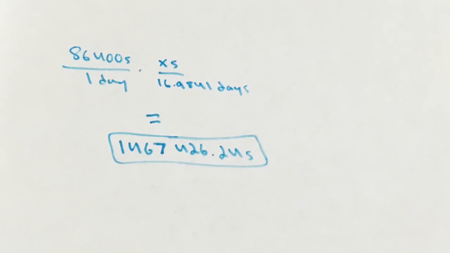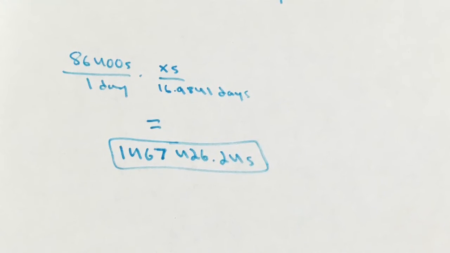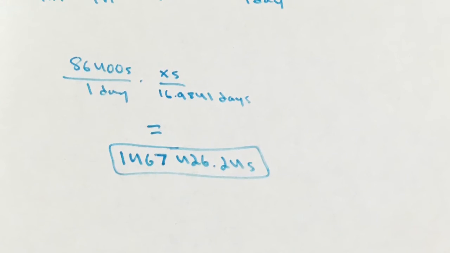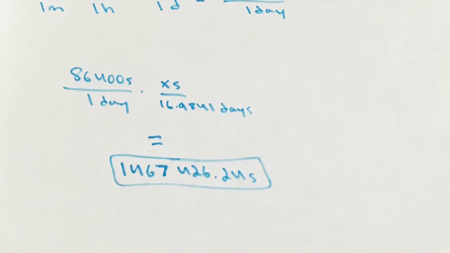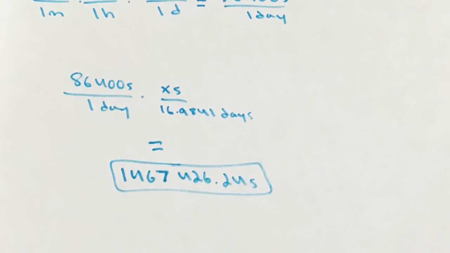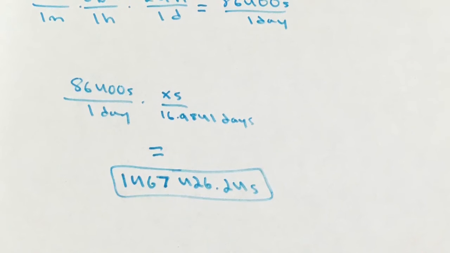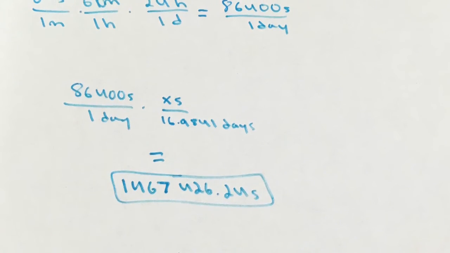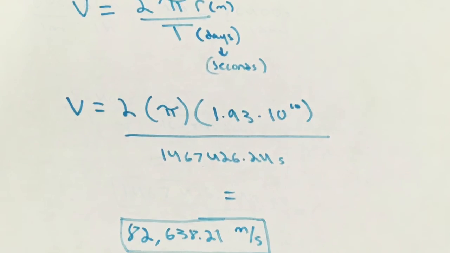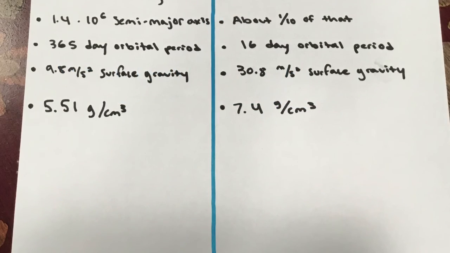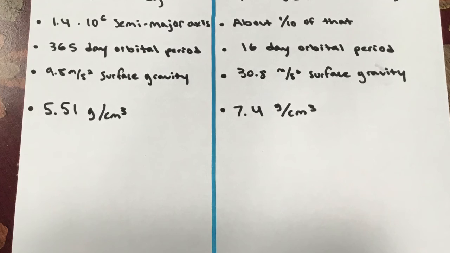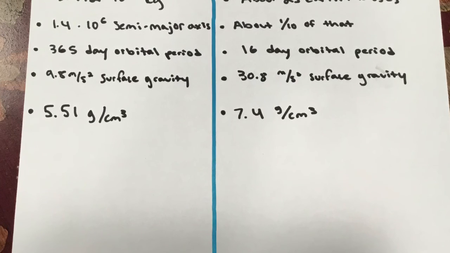As we know our R value already, or its semi-major axis, all we need to do is convert its orbital period from days to seconds. Using simple conversion factors, we can easily find this value and plug it into our formula to find that our planet orbits its star at 82,638.21 meters per second.